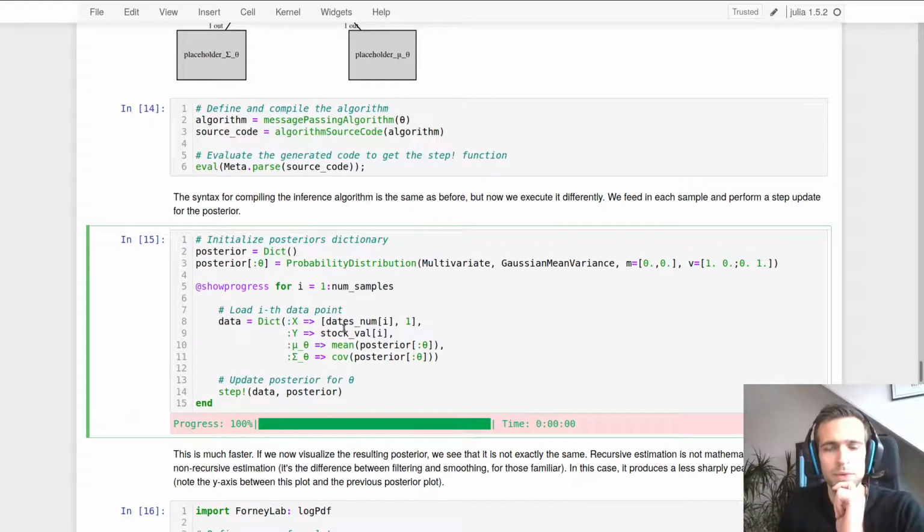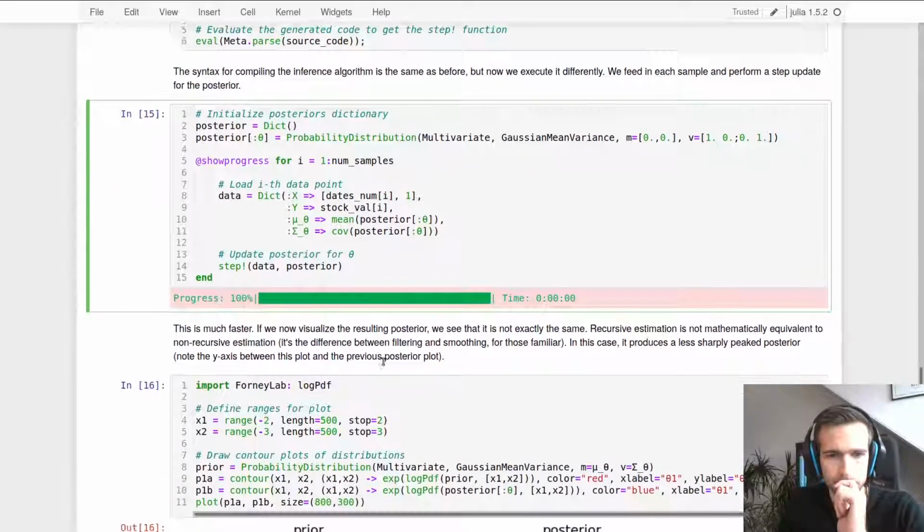Then we move through each of these samples, and for each sample I am feeding in the current date augmented with a 1, and then the current response. For mu of theta I'm feeding in the mean of the previously estimated posterior, and for sigma of theta I'm feeding in the covariance of the previously estimated posterior, and then I make an update to the posterior. So you move through all of these samples in that fashion.